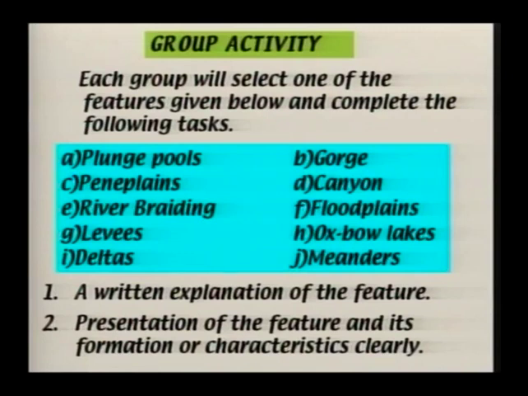Those groups then, when you go back to the classroom, those words will be written on a piece of paper, and a group member simply goes and picks up one of the words from the box, and whichever word you pick up, that's what you and your group will work on. Any questions on the activity that you are going to do?